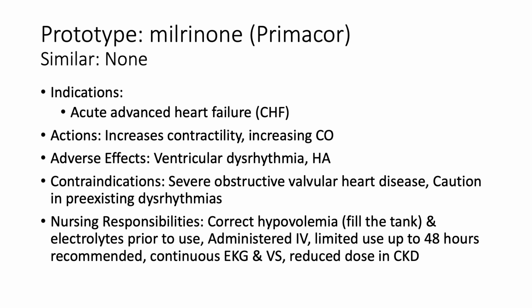Dopamine could be used to try and increase the contractility of the heart. So milrinone just happens to be in the phosphodiesterase inhibitor group, and it increases contractility to try and increase cardiac output to help the heart pump the blood forward into the aorta.